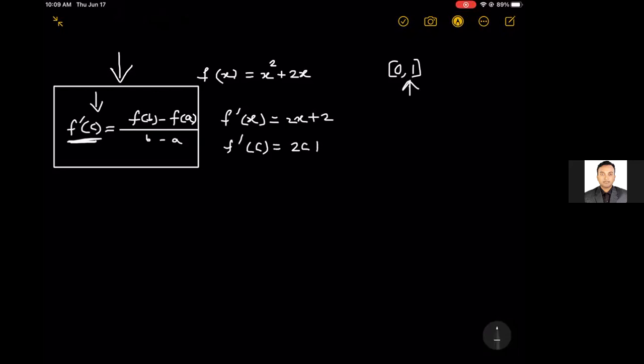It will be 2c plus 2. That's our left-hand side. Any question from this before we go to the right-hand side? Since we are evaluating the first derivative at that point, that means we need to find the first derivative and then plug in c in place of x. Do you agree?